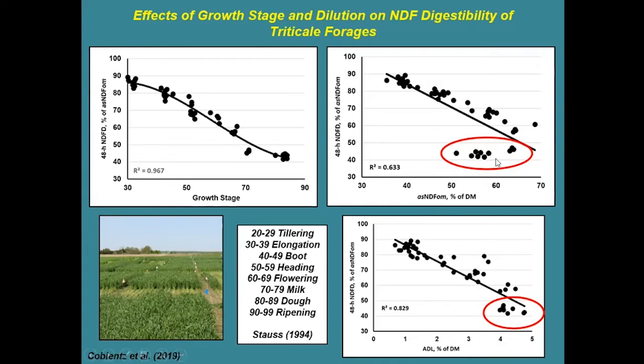And the reason for that is fairly obvious. Again, this is a dilution effect in that the filling grain head has suppressed the concentration of NDF within these plants, and it's shifted them back to the left. And therefore, you have this unusual relationship here. The same thing also applies with ADL, concentrations of acid detergent lignin. They are also diluted, although it's a little bit less obvious than it is for NDF.